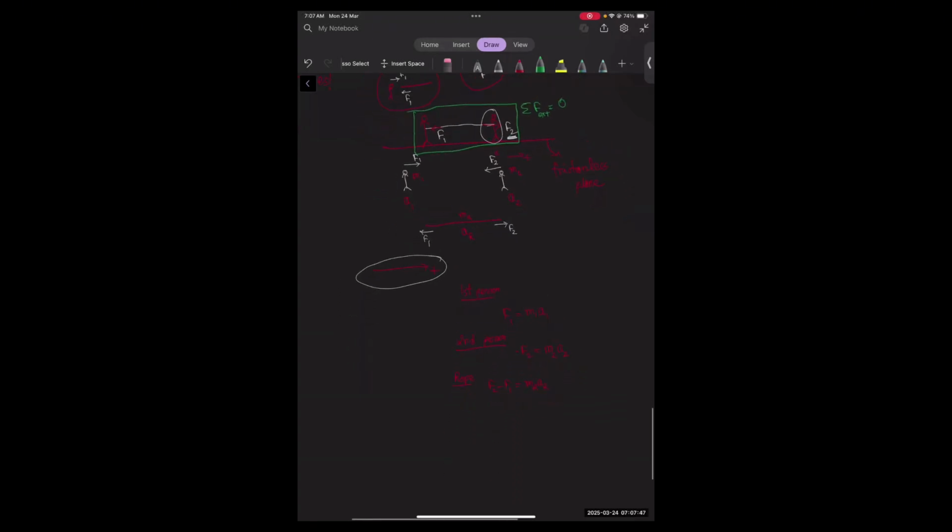So if you take the total as your system, you get that the sum of all the external forces is 0, and that will be equal to m1a1, mass of first body times acceleration of first body, plus mrar, acceleration of the rope times mass of the rope, plus m2a2, mass of the second body times acceleration of the second body.